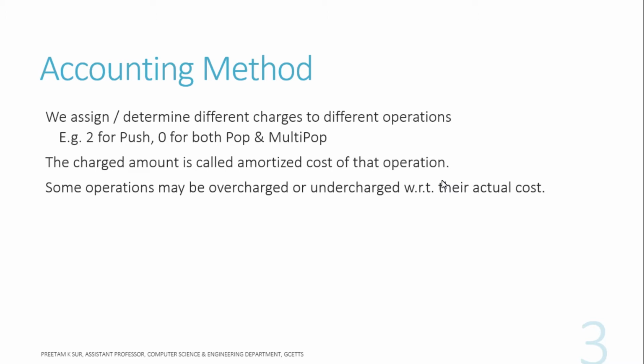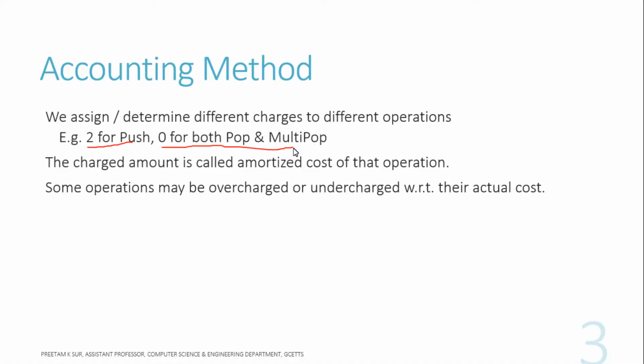In this example we are charging 2 for push, but normally the cost of push is 1. For pop, when we pop one element the charge should be 1, but we are charging 0. So the pop operation is undercharged here.